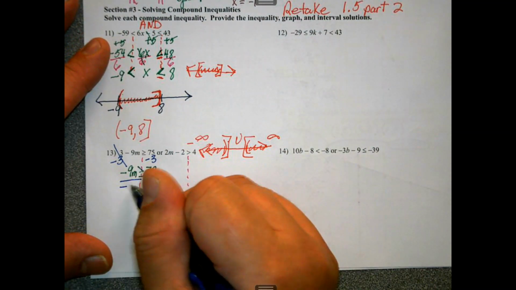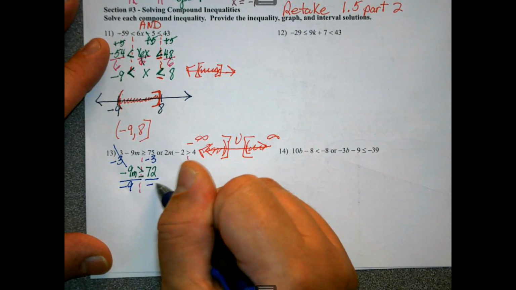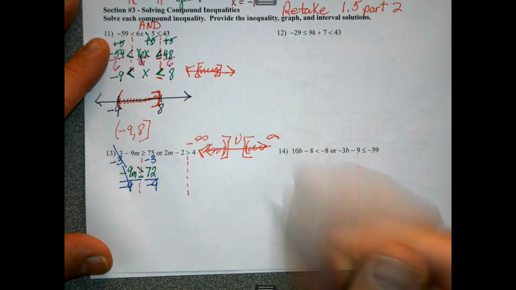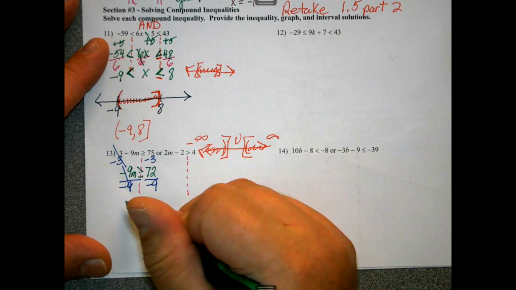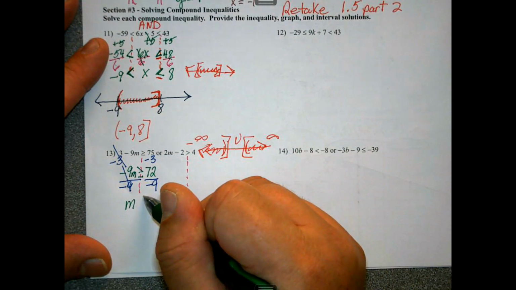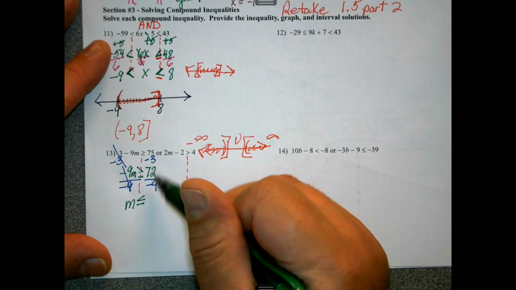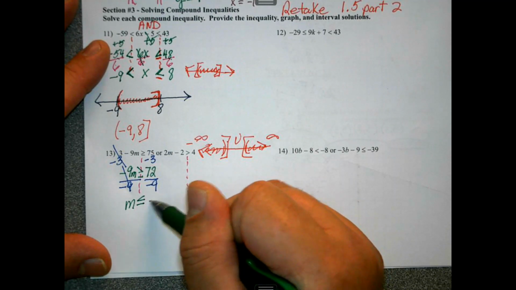Divide by negative 9. Now this time I'm dividing by a negative number, so I have to flip that inequality sign. 72 divided by negative 9 is negative 8.